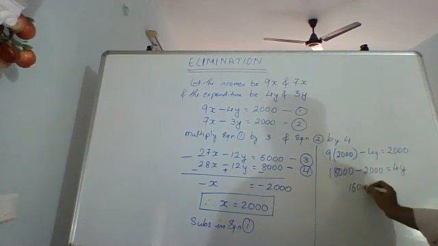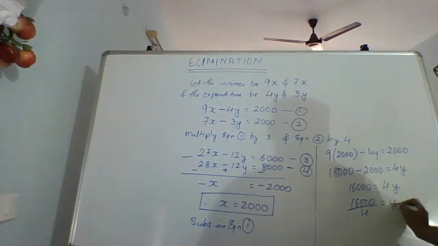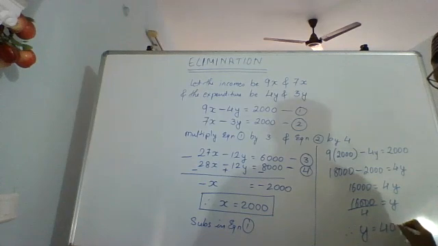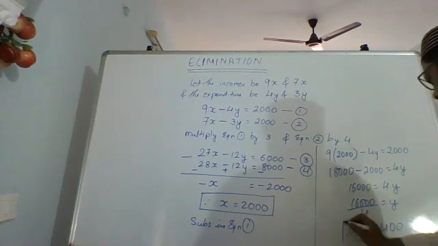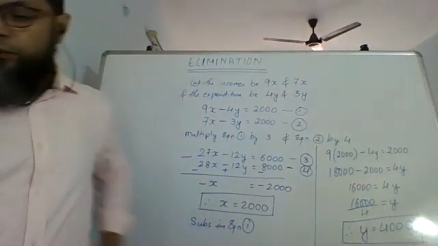So 16,000 equals 4y. 16,000 upon 4 equals y. Therefore, y equals 4,000.